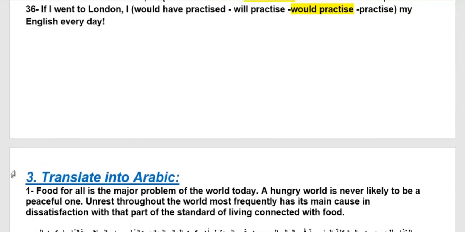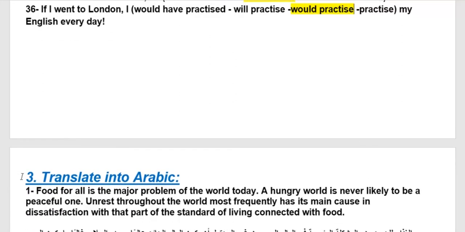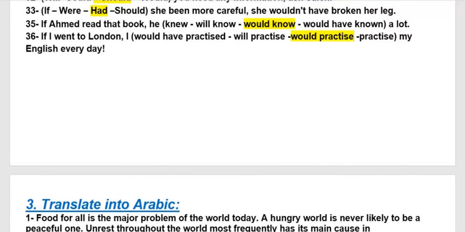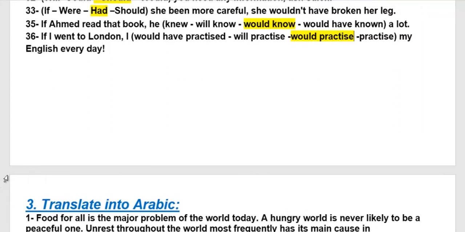Now it is time for translation. Translating to Arabic. Look for the keywords first. Food for all. The major problem, major here, right? The main problem of the world today. A hungry world is never likely to be a peaceful one.